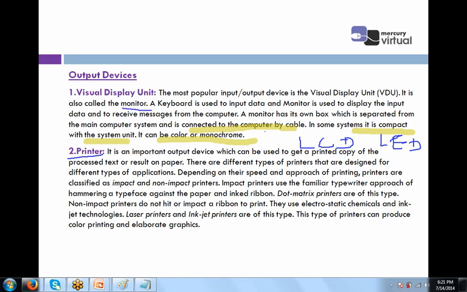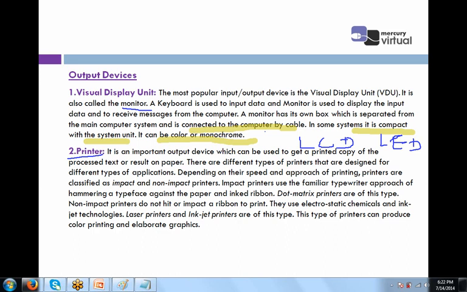Another one is the printer. Like I told you, a scanner converts hard copy into soft copy. In the same way, a printer is an output device that converts soft copy into hard copy. Means I have data in the computer, and I have to take it in output form, means hard copy form, that is done by the printer.